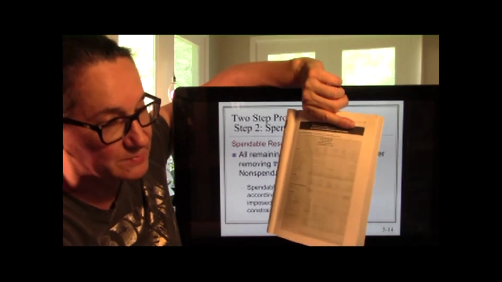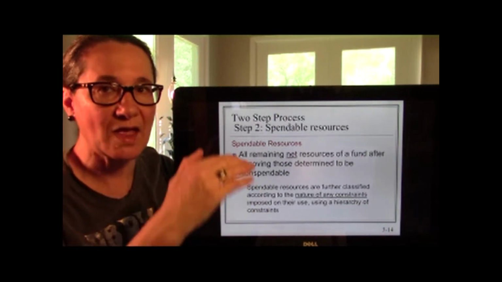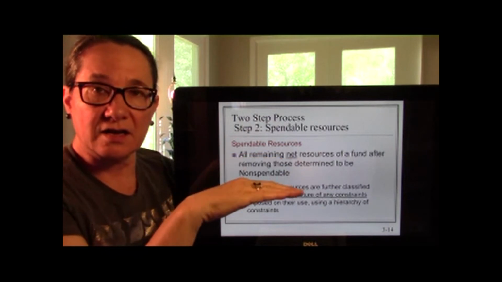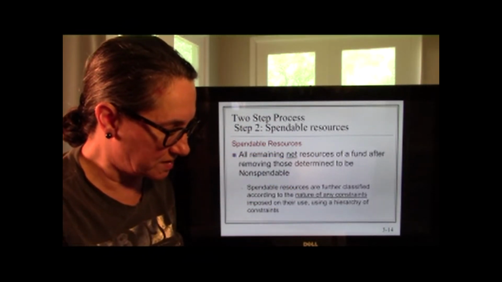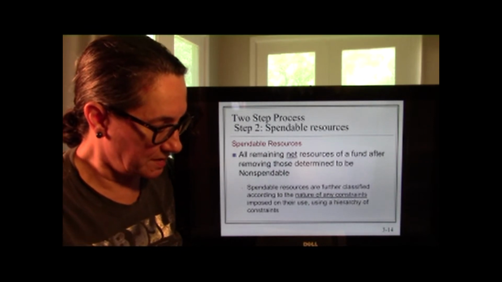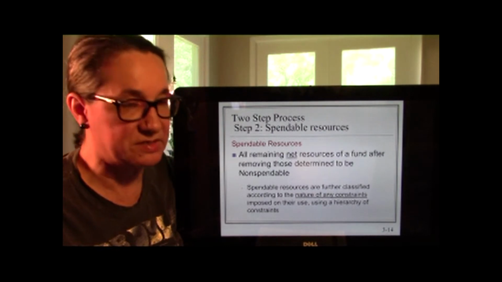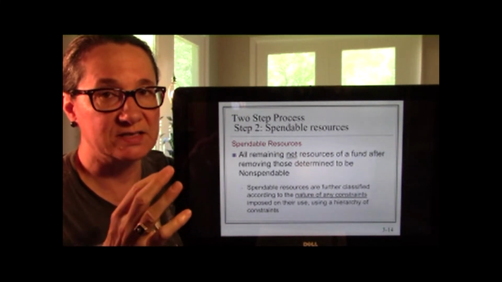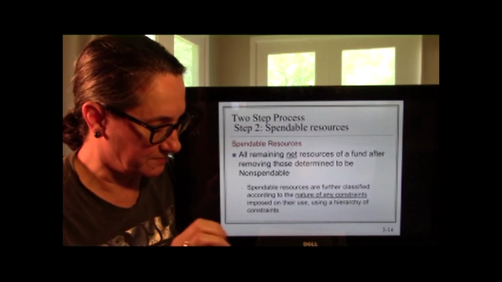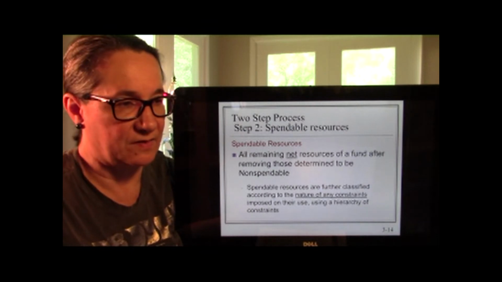And I can spend this, but I can only spend it on a few certain things, so I have to figure out how constrained it is. There's this hierarchy from restricted to unassigned. So you've got restricted, committed, assigned, and unassigned as your remaining categories after non-spendable, which you can't even spend. Now you've got some stuff you can spend, but some of it is restricted, some of it's committed, some of it's assigned, and so we have to figure that out.